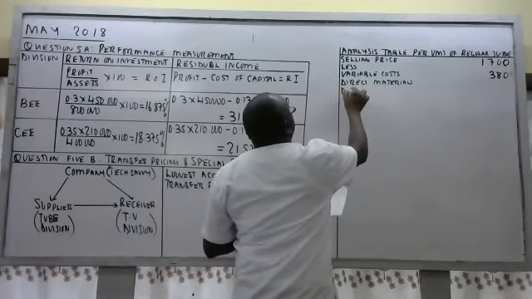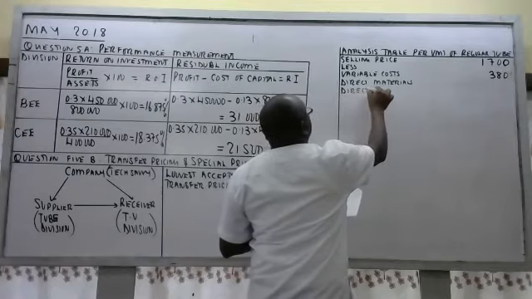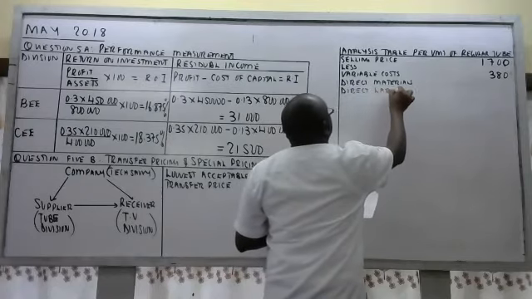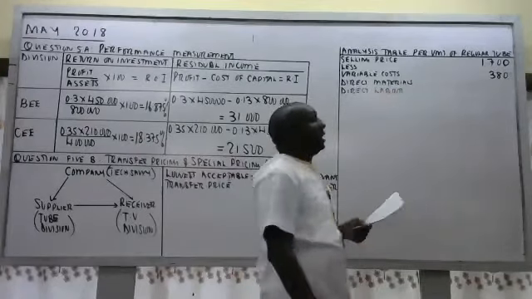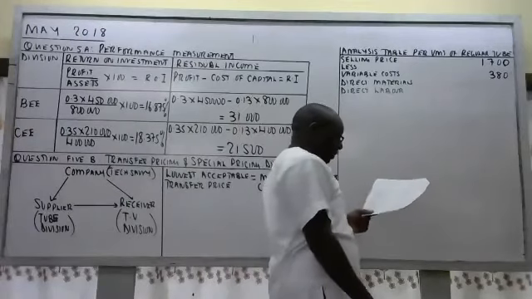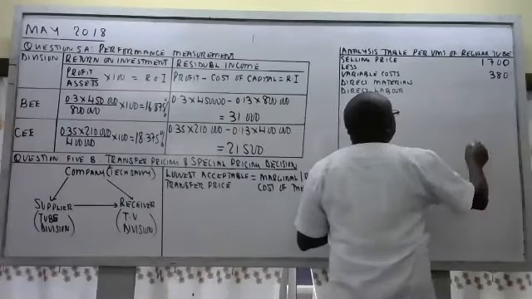It is closely followed by direct labor, which is 270.